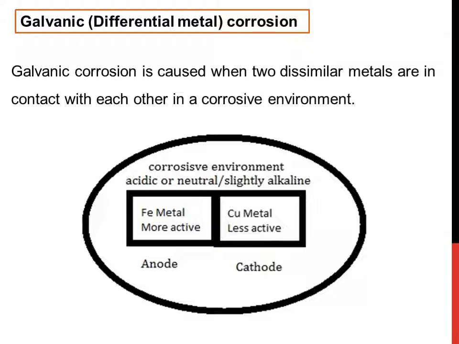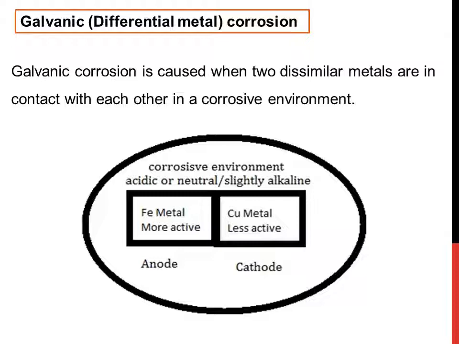For example, if we take iron and copper in contact with each other in the presence of an electrolyte, which will undergo corrosion rapidly? If you observe the galvanic series, as I have shown in my previous slide, iron is higher in the galvanic series. That means it has lower electrode potential, and copper has higher electrochemical potential and is placed lower in the galvanic series compared to iron.